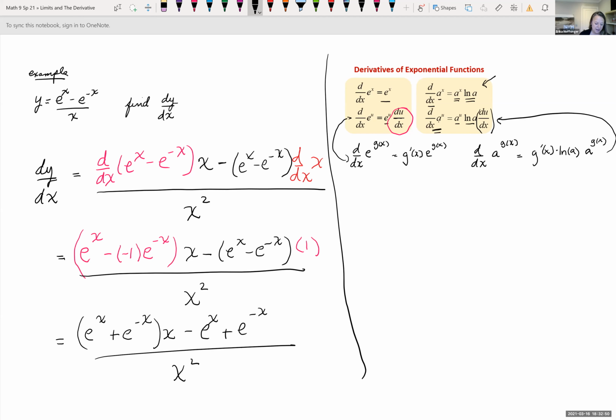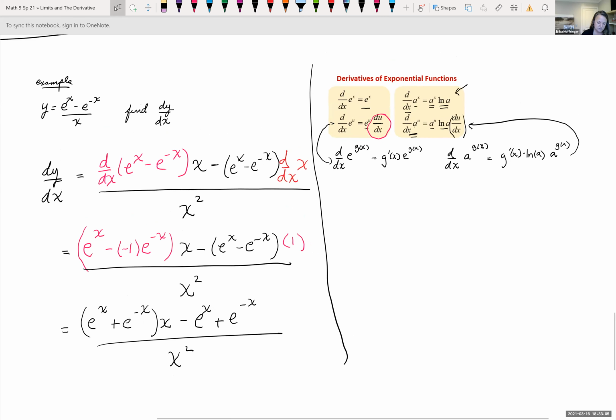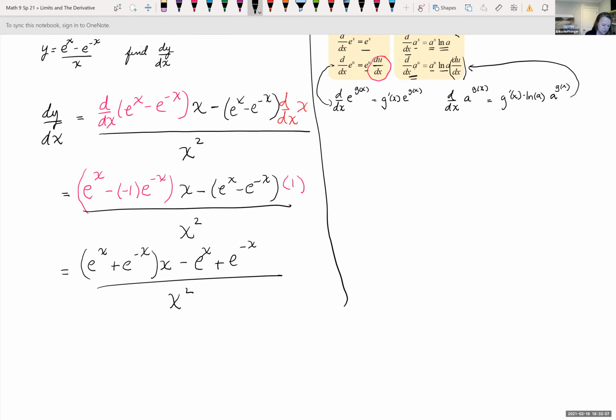I noticed that we don't have anything in common that I could factor out. So I might distribute this x in here. There's nothing I could combine once I do that, so I can't simplify it much more.